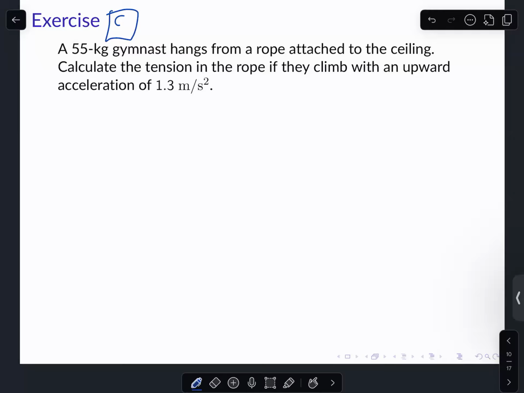You wrote F, but you wrote A instead of MA. Like the first slide did, it was T minus weight equals M times A on one side, and then it went down to T minus mg equals 0.